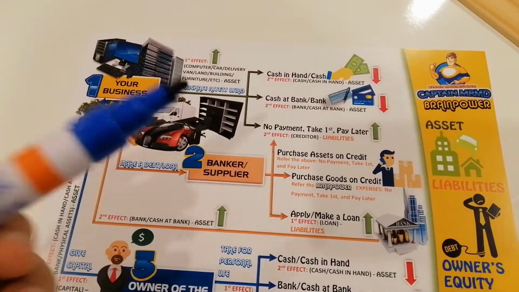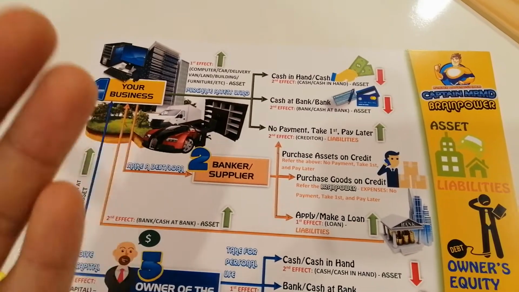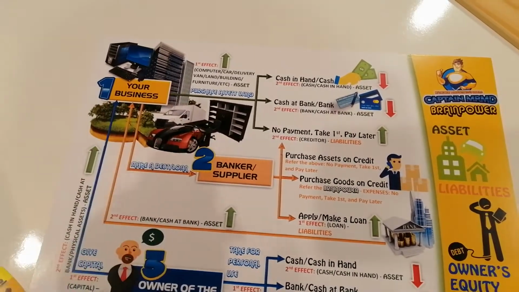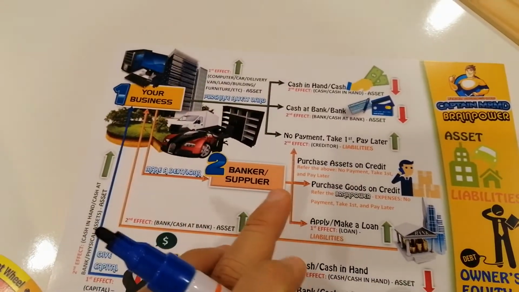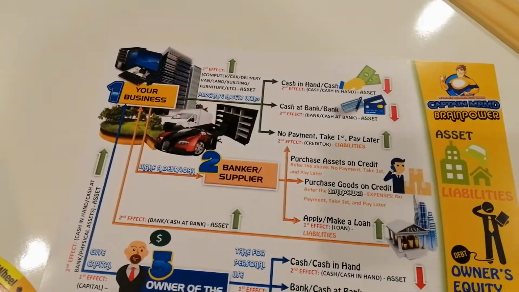Asset will become a productive asset. I mentioned to you already, asset can become a productive asset if you are able to convert this asset into a cash form, meaning this asset can generate income.